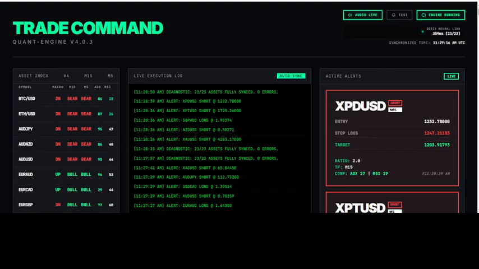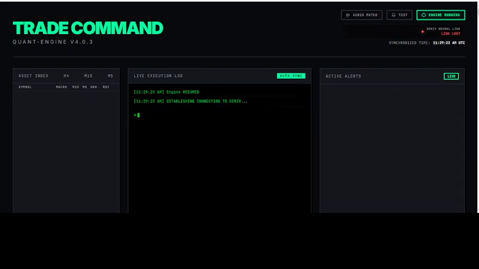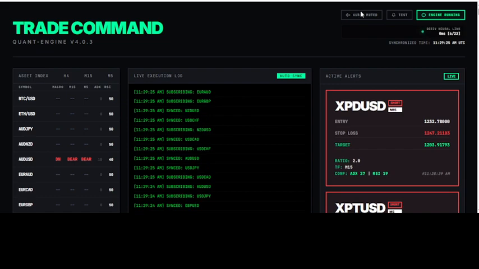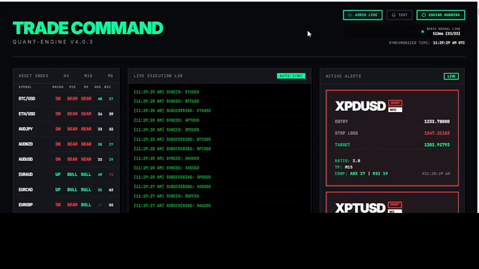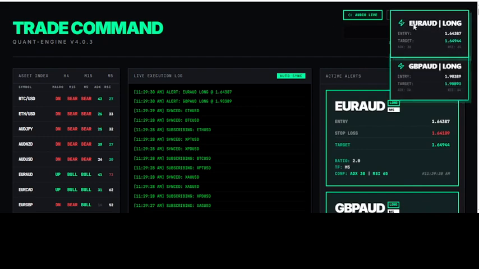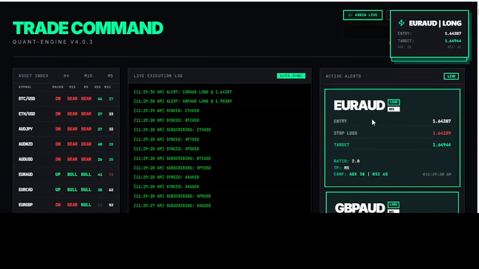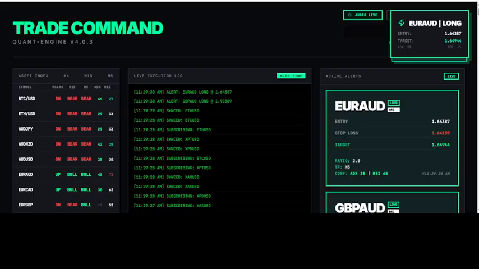Okay, so in order to use the quant engine, I'm going to reload the app and turn on the audio alert feature. Okay, so we have a Euro Aussie dollar buy alert on the 5-minute.